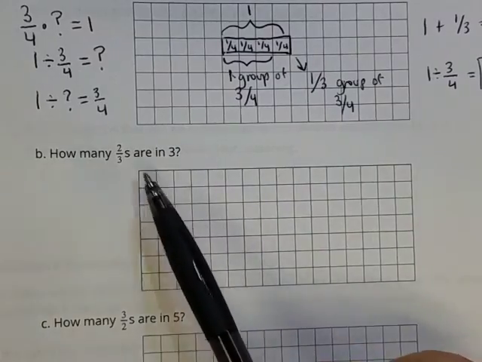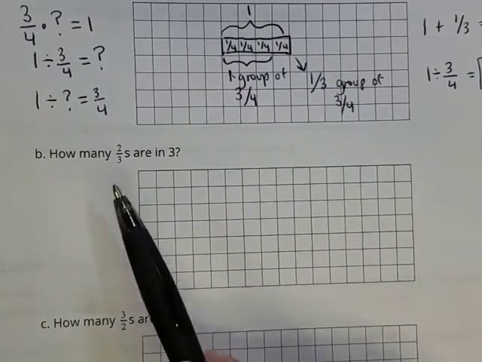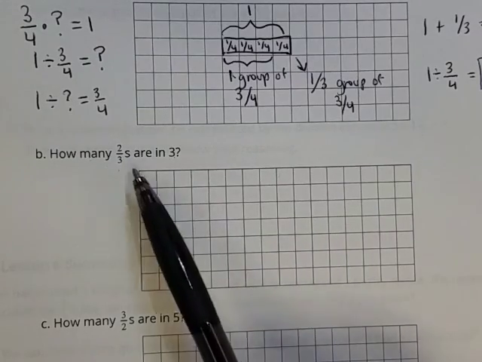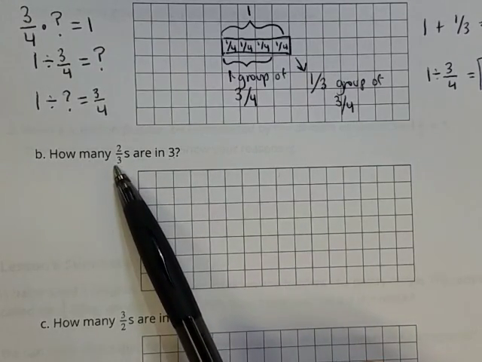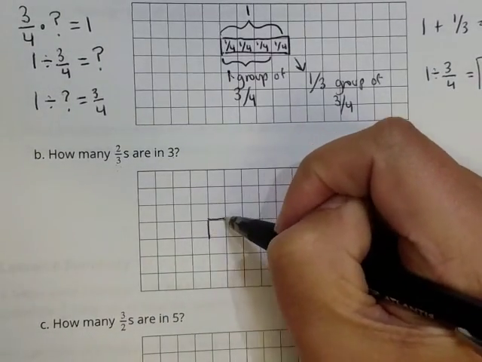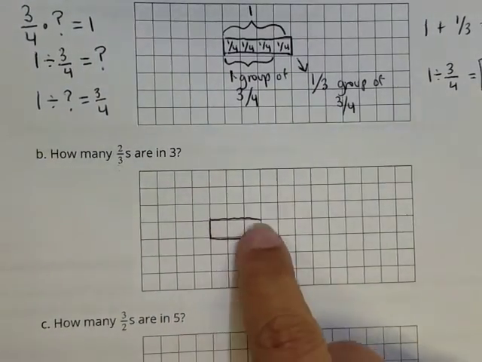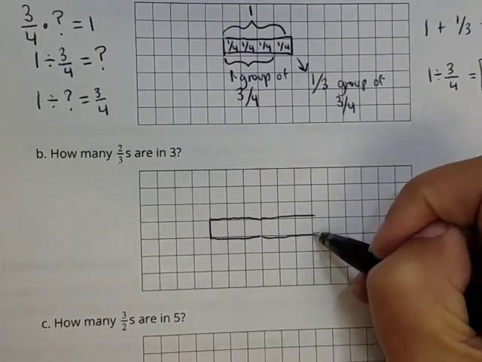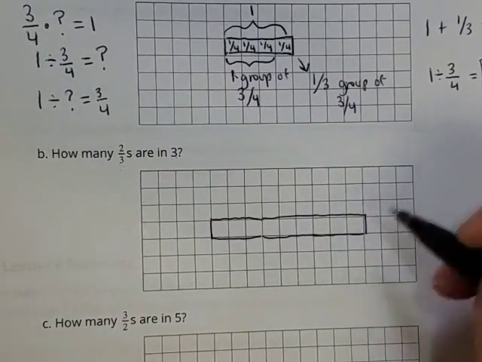Next question, how many 2/3 are in 3? So again, we want 3 wholes. I don't know how many boxes I want, so I'm going to look at what sizes I want. I want thirds, so that counts as 1 whole. There's my 2 wholes. There's my 3 wholes.